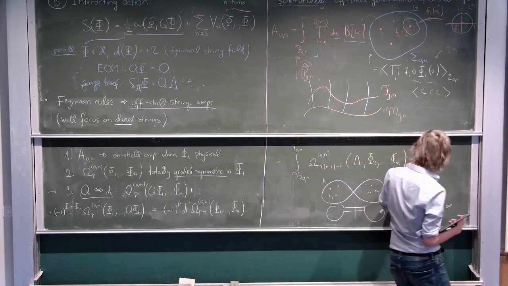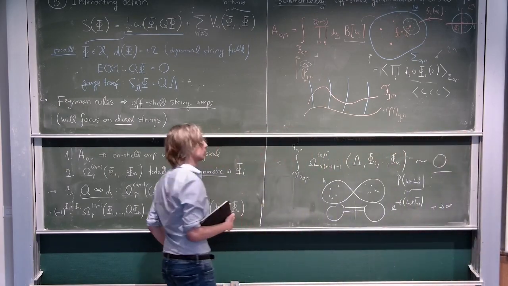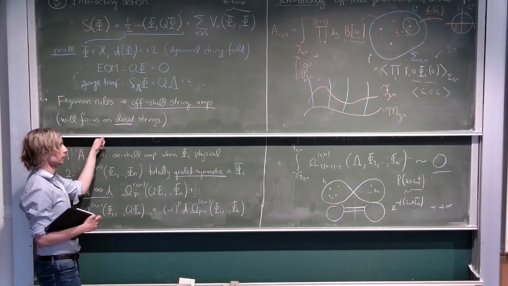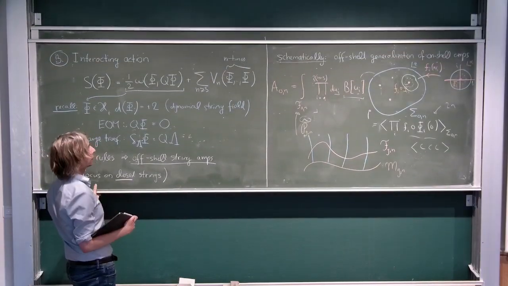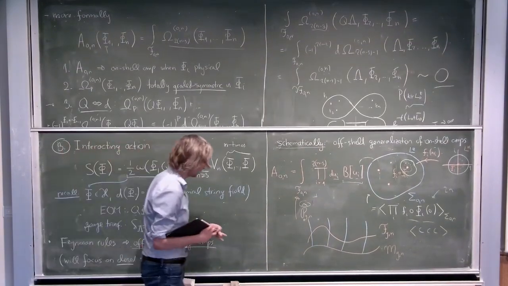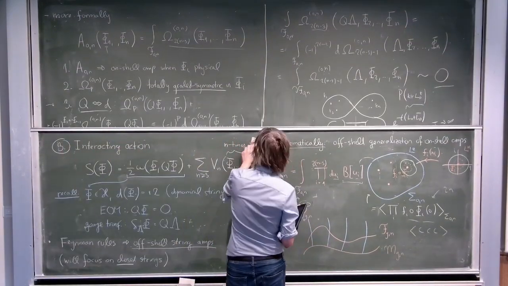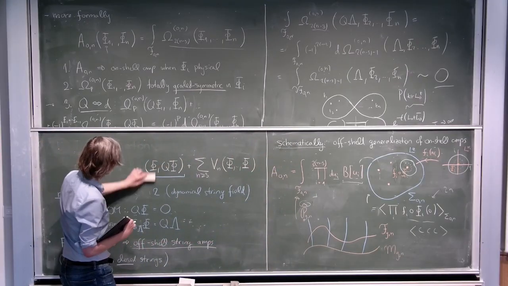So generically, this thing is zero. Right? So this is what we wanted to show. So this was just to illustrate how these algebraic requirements give us what we expect for the on-shell amplitudes.